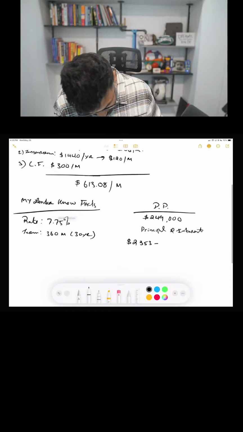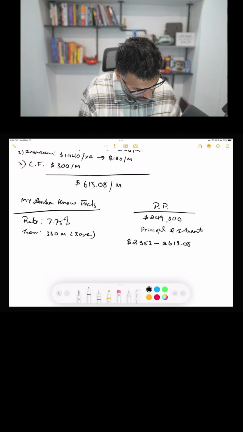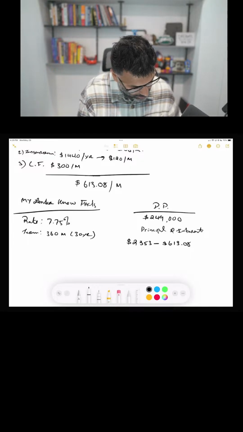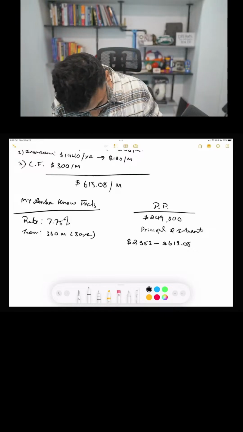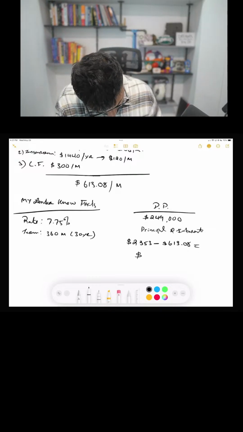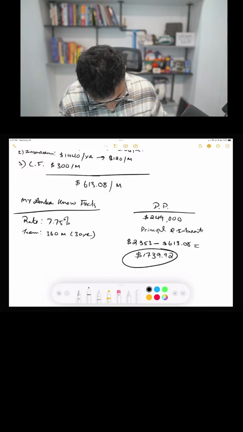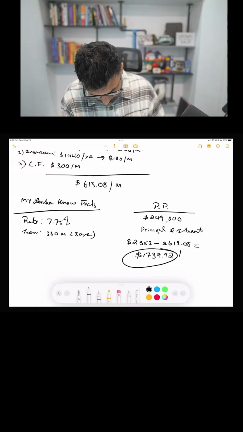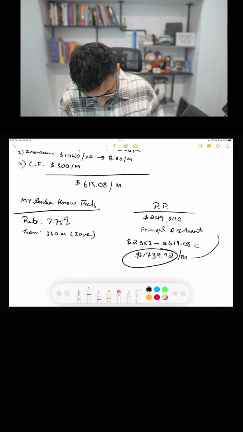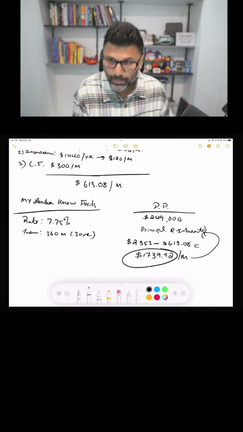So we're going to subtract $613.08. So that leaves me with 2.353 minus $613.08. So that is, okay. This is what I can pay per month in my principal and interest.